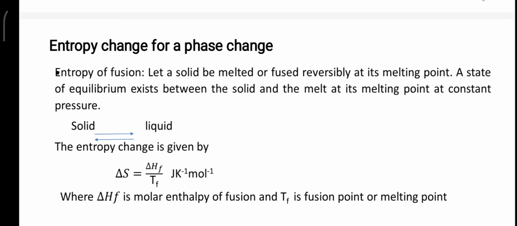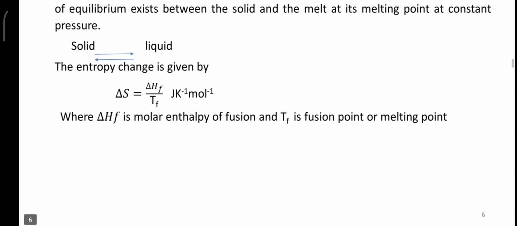When you substitute these values in that equation, you can get the value of entropy change. Therefore, entropy change is given by the ratio between enthalpy change and the temperature at which the process takes place. So it is given by delta HF by TF. This ratio is called the entropy change for the fusion process.